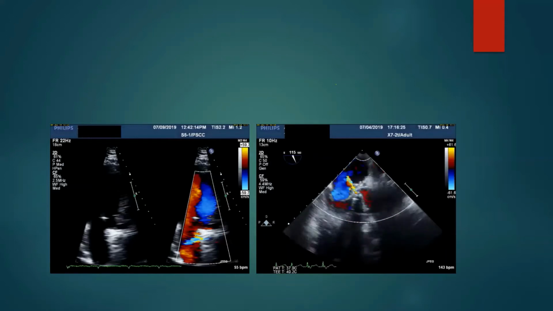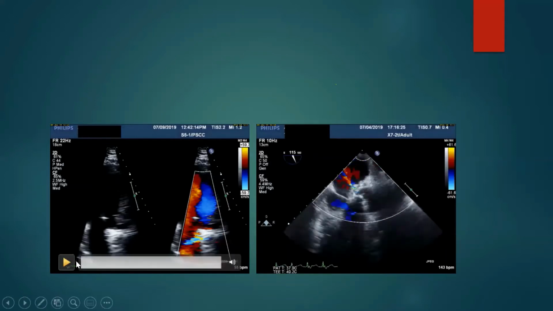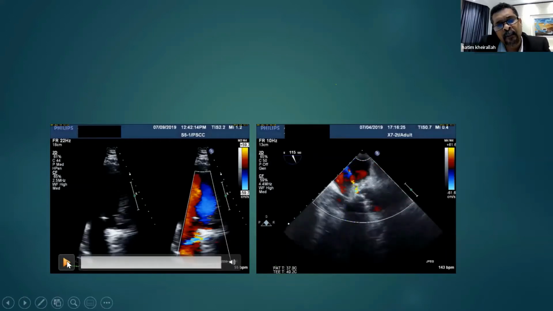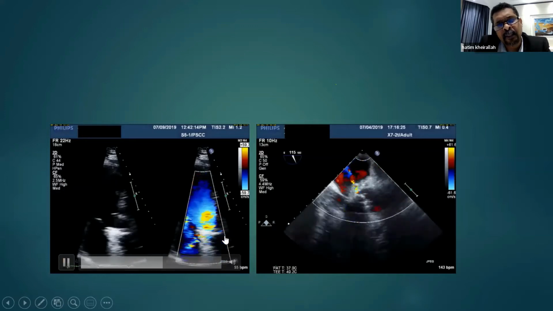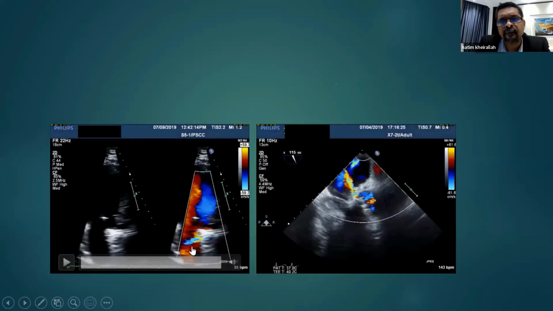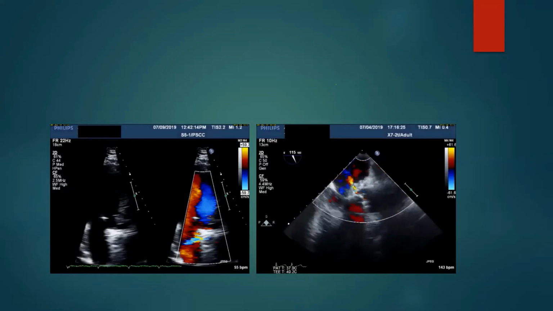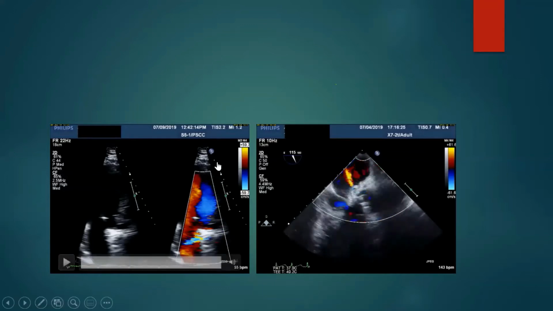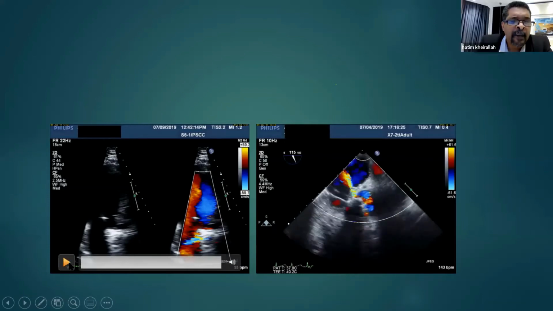It looks like a ruptured sinus. Ruptured sinus, maybe, yes, but ruptured sinus into the left atrium is not common. Likely, yes. I might make it easier for you.